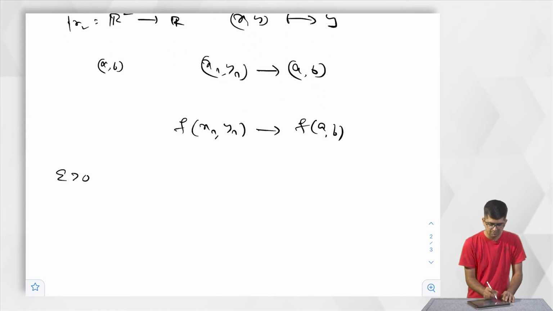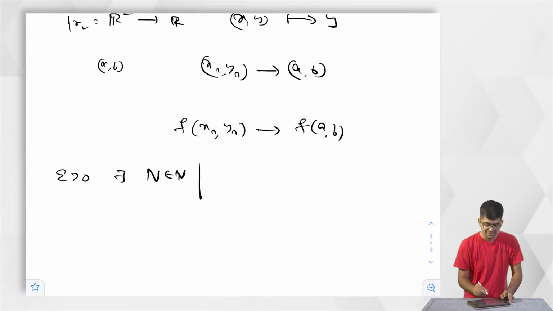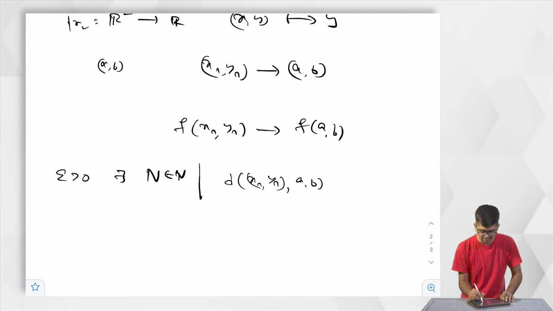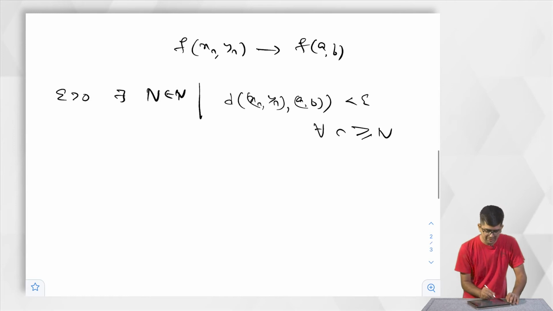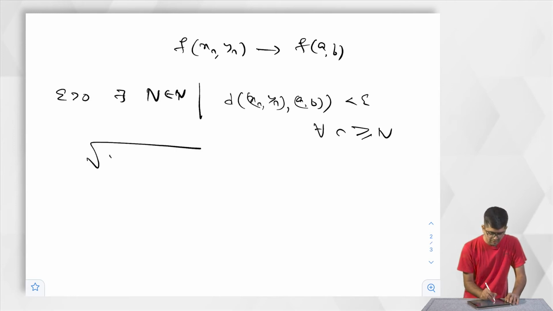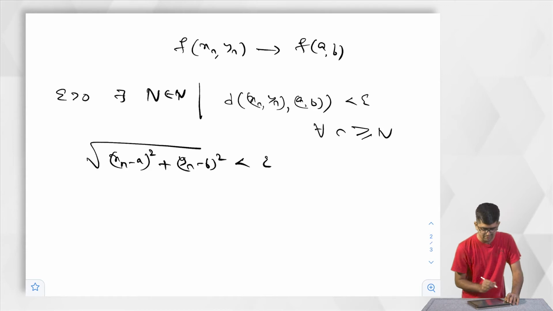Given epsilon positive, there is an N belonging to the naturals such that the distance d((xn, yn), (a, b)) is less than epsilon for every n greater than or equal to N. Let me write down what this is. This is the same thing as saying the square root of (xn minus a) squared plus (yn minus b) squared is less than epsilon. And this is what it means.